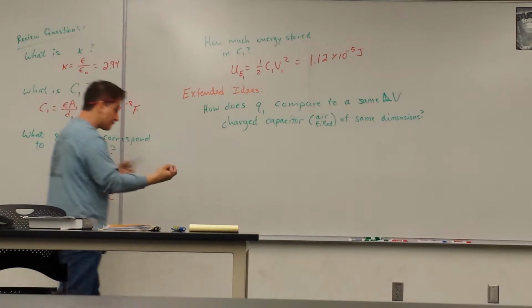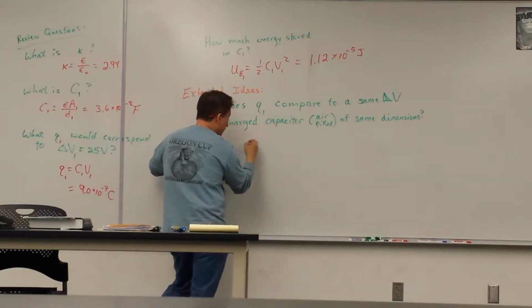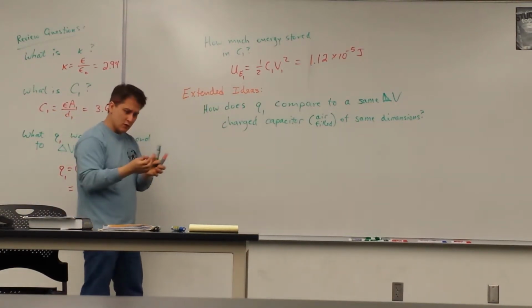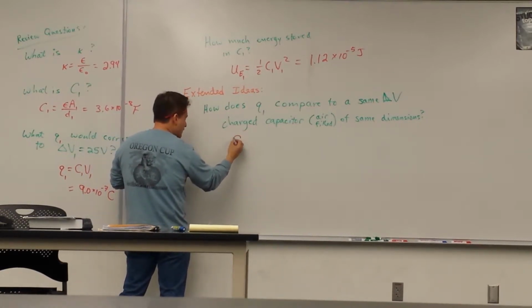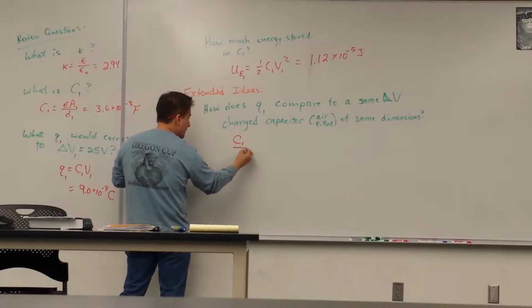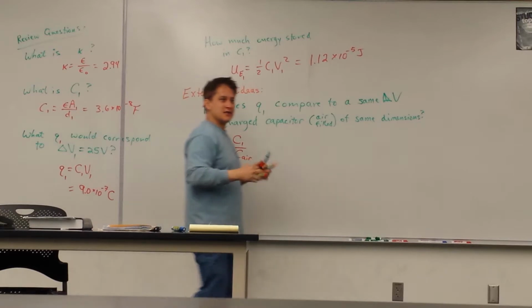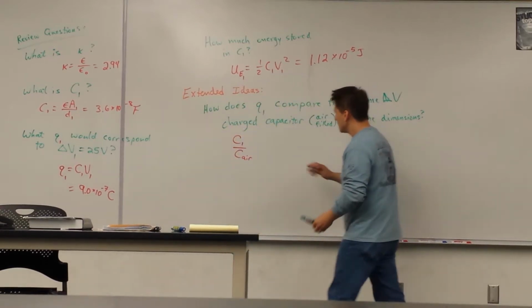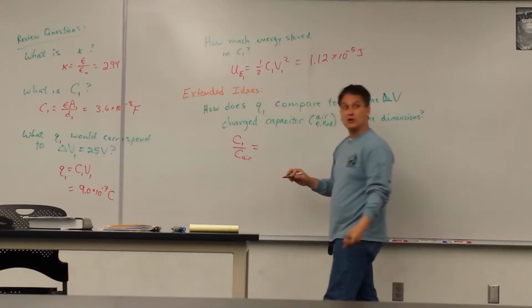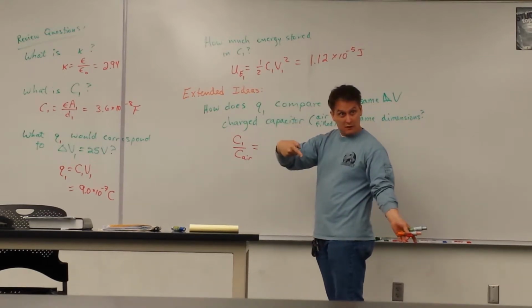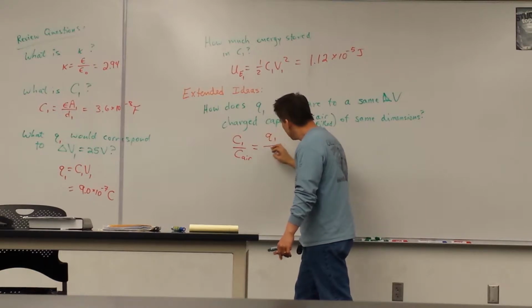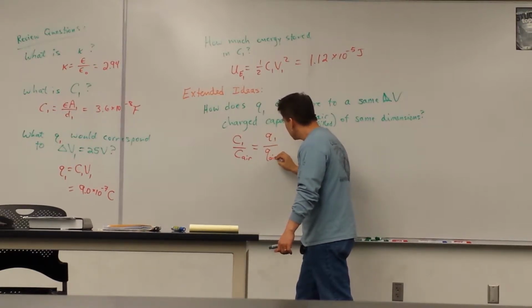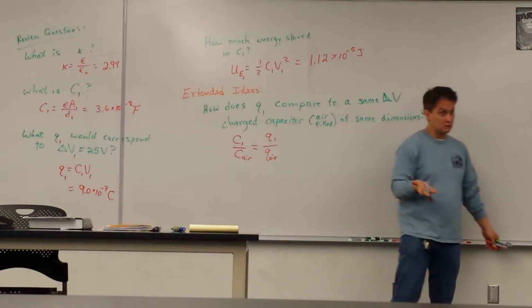All things being equal, these are the things I just want to think about relationally. If the ratio of C1 to C air should be related for the same V, Q1 to Q in the air-filled capacitor. Is that reasonable? Yeah.